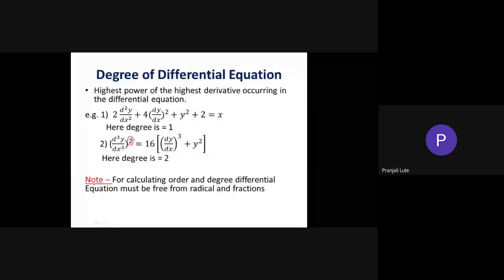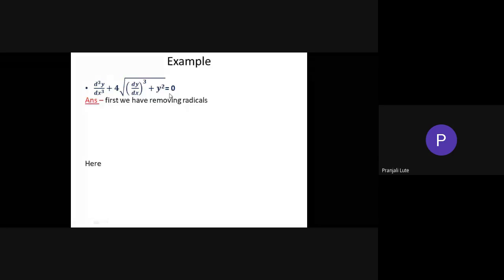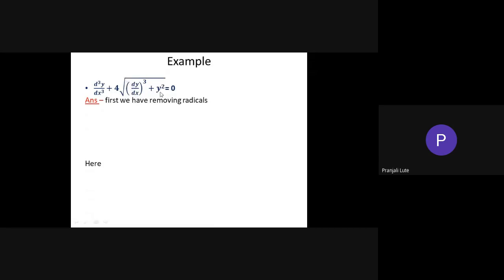This is the example: d cube y by dx cube plus 4 under root of, this is a fraction, this is half, dy by dx cube plus y square equal to 0. So in this example, it is not possible to tell the order and degree of that differential equation, because this differential equation is having a radical, having a fraction, meaning the power of that whole term is half. So you have to remove that power half.